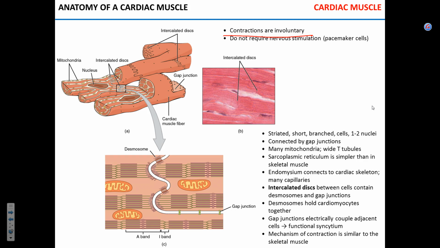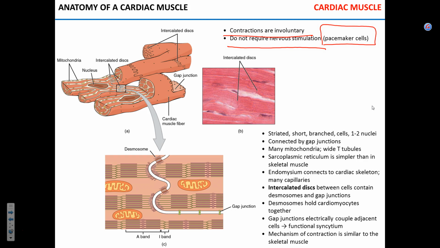And cardiac contractions do not require nervous stimulation. Unlike your skeletal muscles, whose contractions can be triggered only by a nerve impulse, the heart can actually beat by itself due to the presence of so-called pacemaker cells. And we will get back to this question later on.